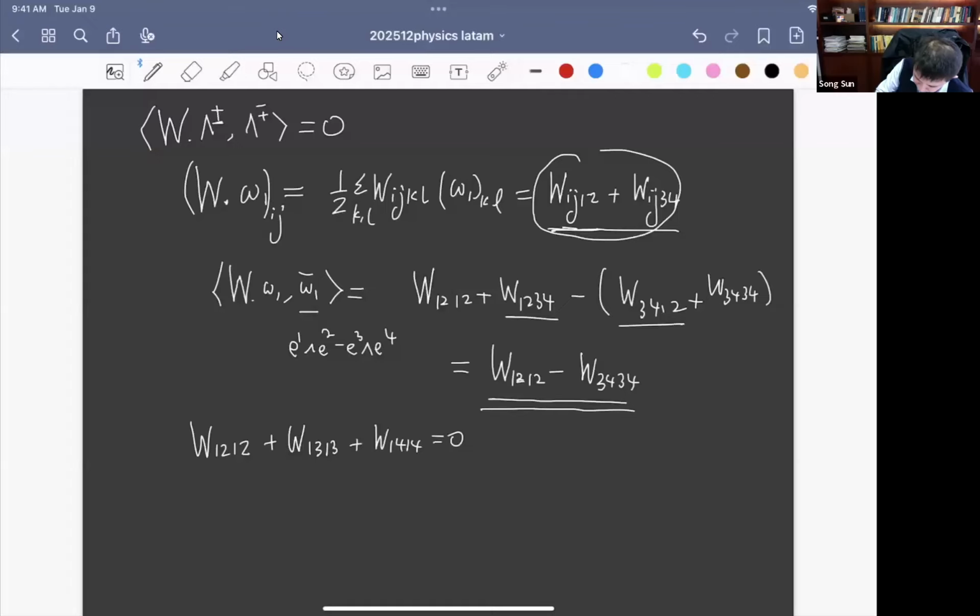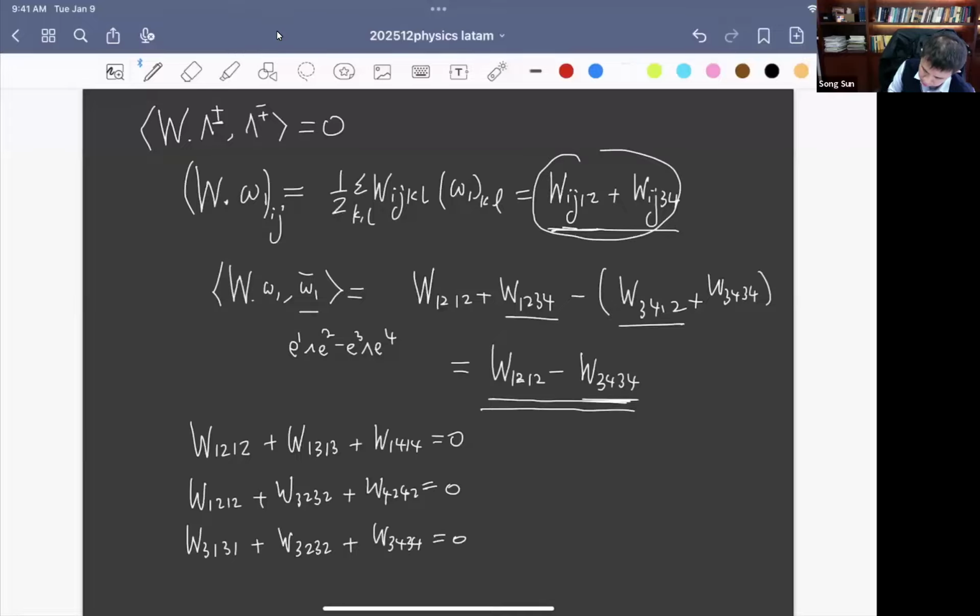And then I can fix the second and the fourth one: W 1 2 1 2 plus W 3 2 3 2 plus W 4 2 4 2 equals 0. I do the same for 3 4. So W 3 1 3 1 plus W 3 2 3 2 plus W 3 4 3 4 equals 0, right?